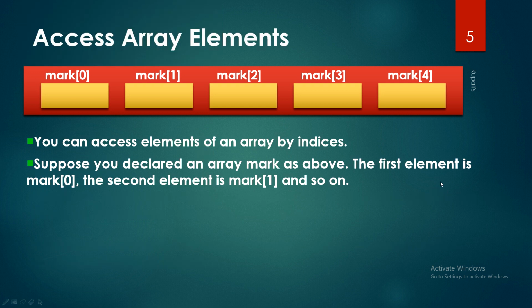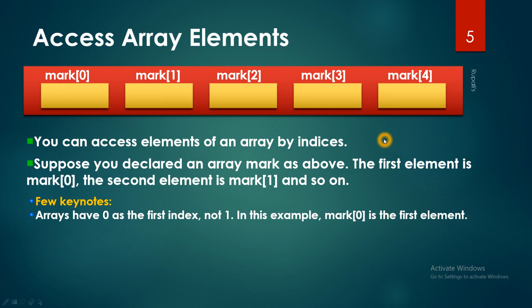So how can you access array elements? You can access array elements of an array by indices. Indices means, within the third bracket, the indices are 0, 1, 2. Suppose you declare an array mark as above. The first element is mark[0] and the second element is mark[1] and so on.